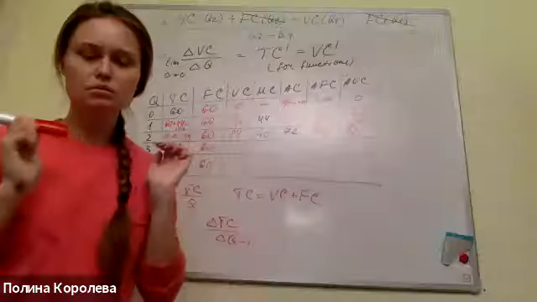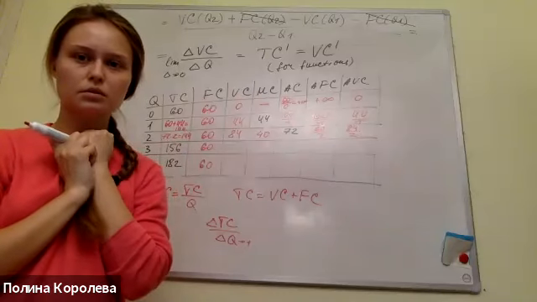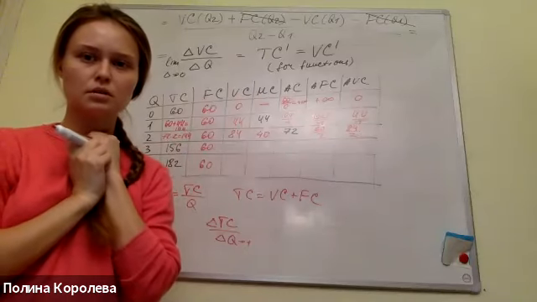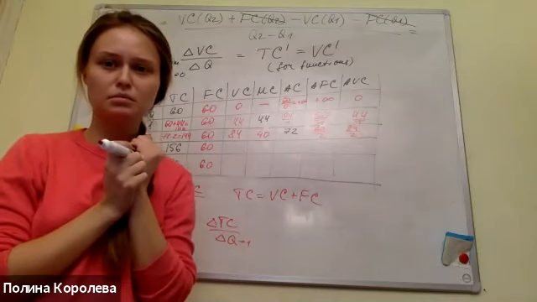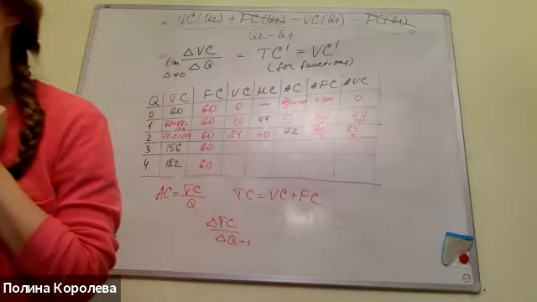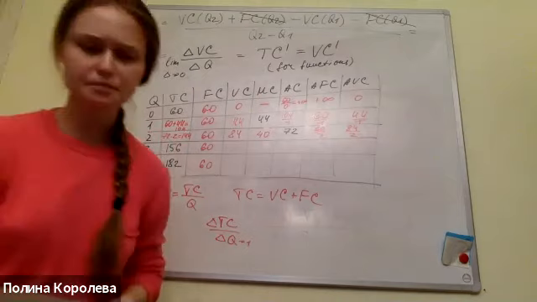Okay, so third row, who wants? Somebody else? I asked you. Okay, Елизавета, please. So we have total cost and fixed cost. Then variable cost is 96.